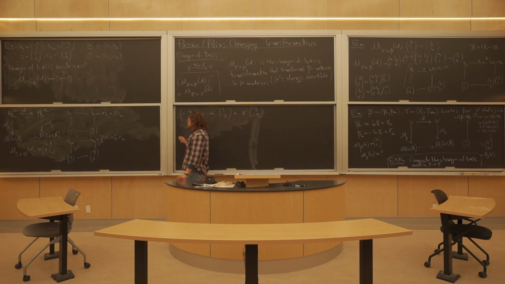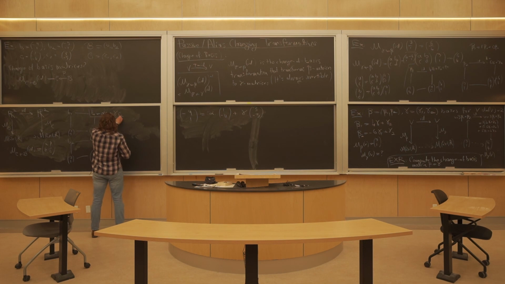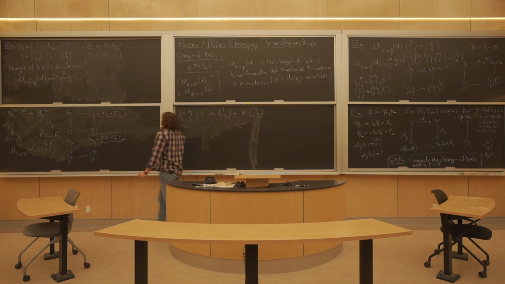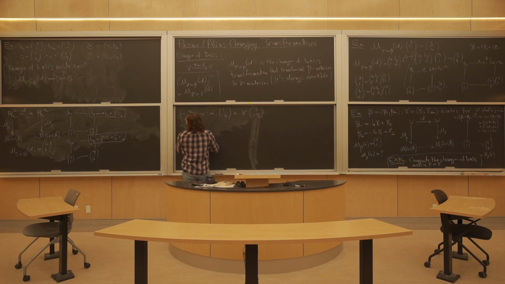And the second equation, maybe I should box these, gives me minus 5 minus 1 and beta and then delta here, and then this is going to be 1 minus 4 and this is going to be 3 minus 5.